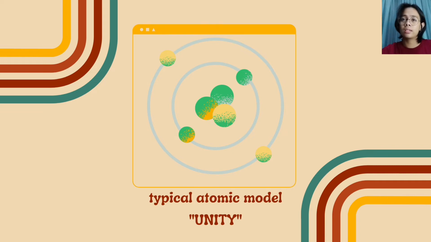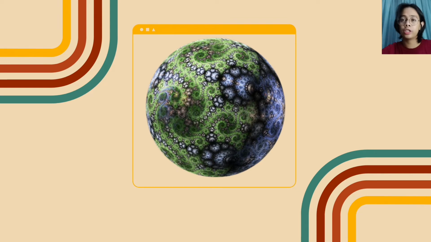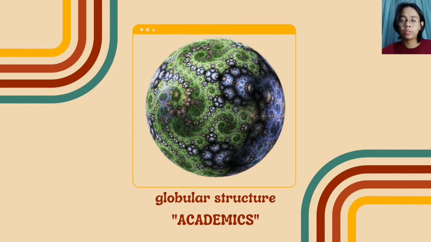Next, we have this globular structure, which represents the centralized academic focus of the COS Center for Natural Sciences and Environmental Research. It shows that the center is mainly concerned or interested with earthly phenomena.